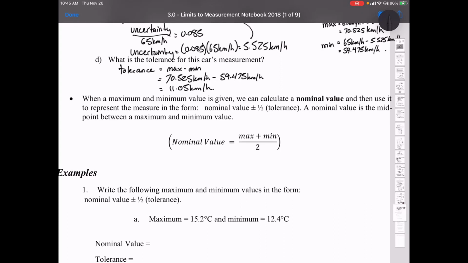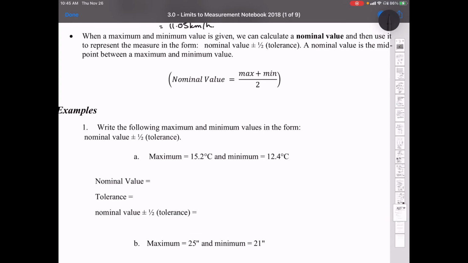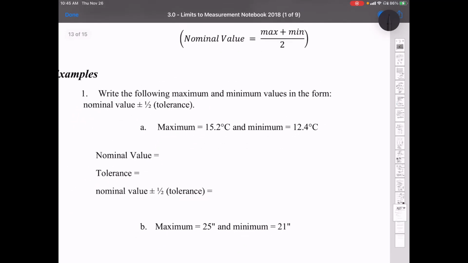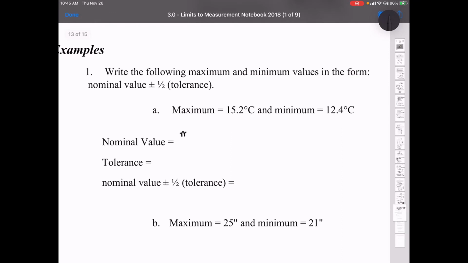So if we are given maxes and mins here for the next question, 15.2 degrees Celsius and 12.4 degrees Celsius, all you have to do is find your nominal value, which is your max plus your min over 2, which would be 15.2 degrees Celsius plus 12.4 degrees Celsius divided by 2, which would give you 13.8 degrees Celsius.